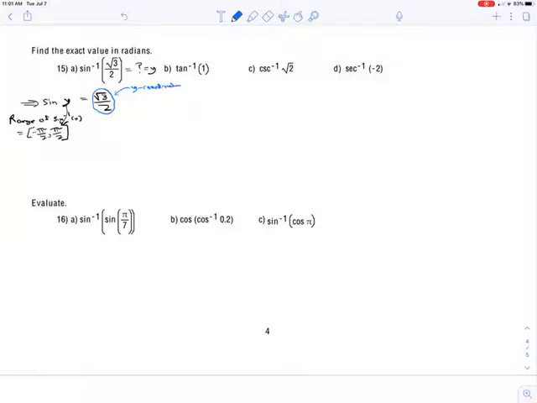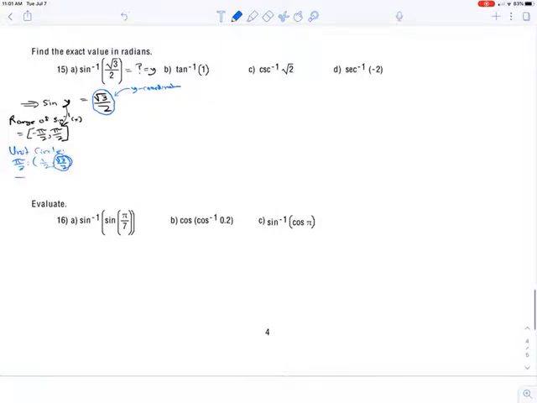Well, that occurs at what? Pi over 3. So if you were looking at the unit circle approach, I'll write that down. At pi over 3, you have an ordered pair of 1/2, square root of 3 over 2. There's that y coordinate. So that implies the sine of pi over 3 is equal to square root of 3 over 2, right?